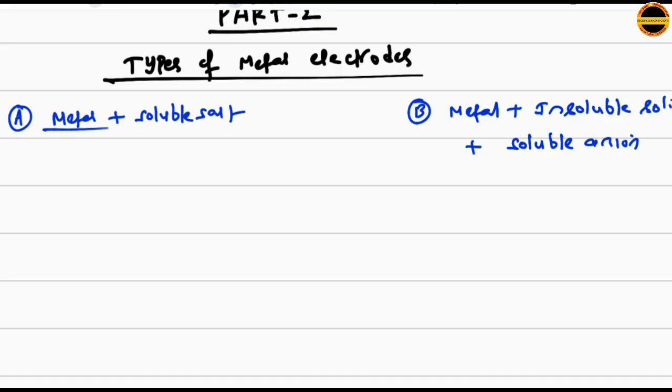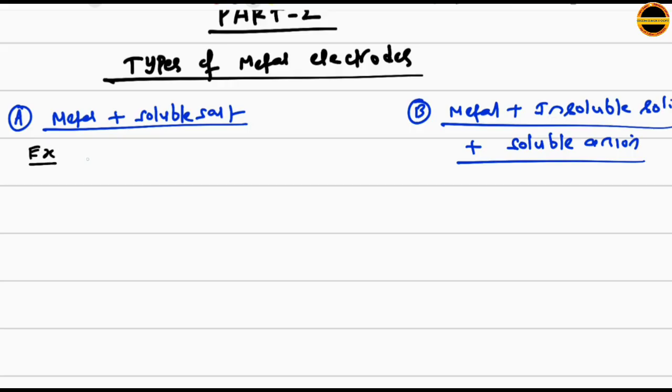Let us see an example under this. Already we discussed in the Daniel cell, for example zinc solid metal combination plus zinc sulfate, which is aqueous. Similarly, examples under the second category, we already discussed the calomel electrode.